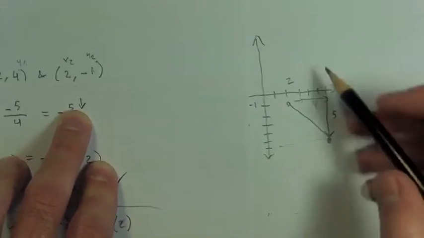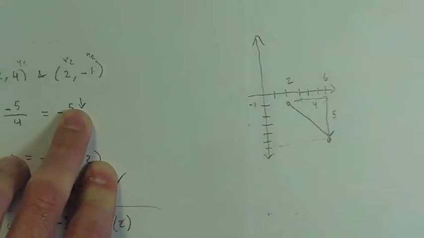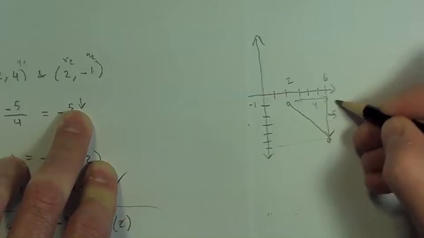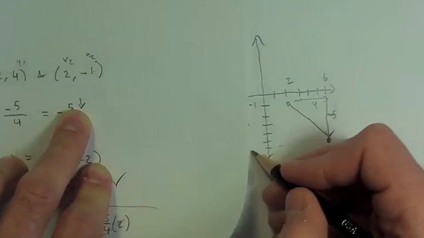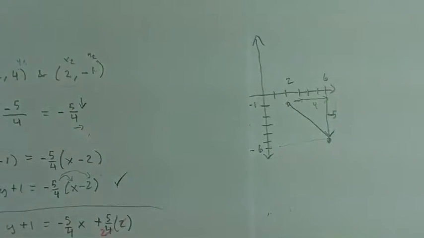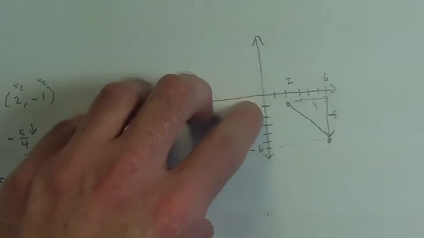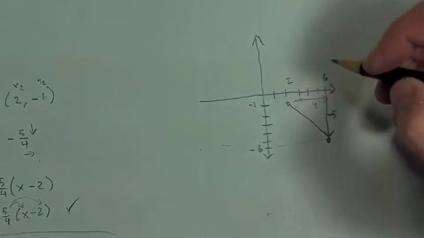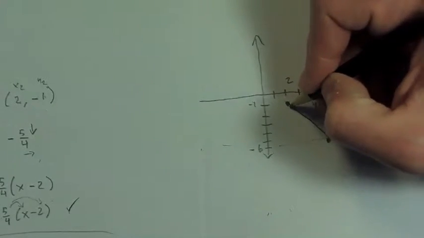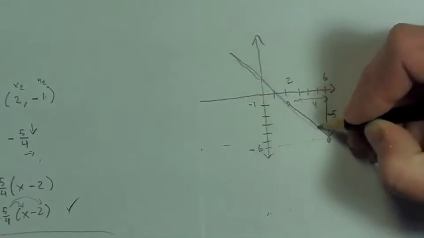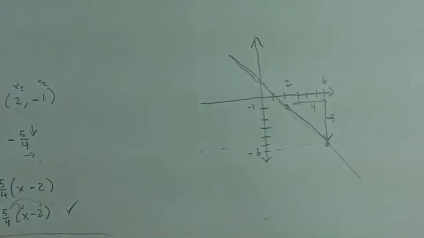So over 4 from 2 is going to put us at 6, and down 5 from negative 1 will give us negative 6. Okay. So we're at the point 6, negative 6, and we can continue our line in both directions.